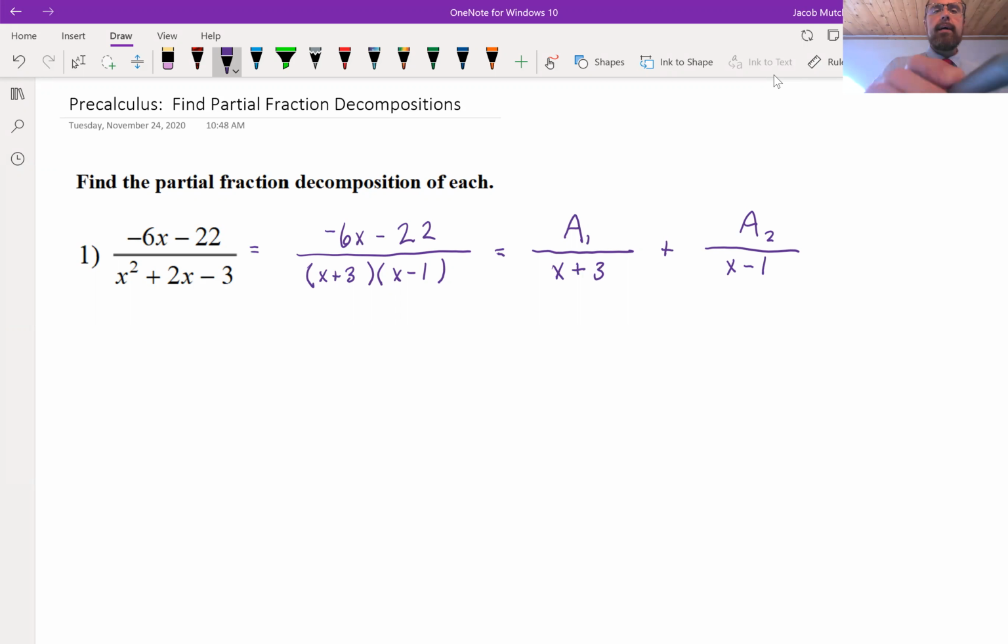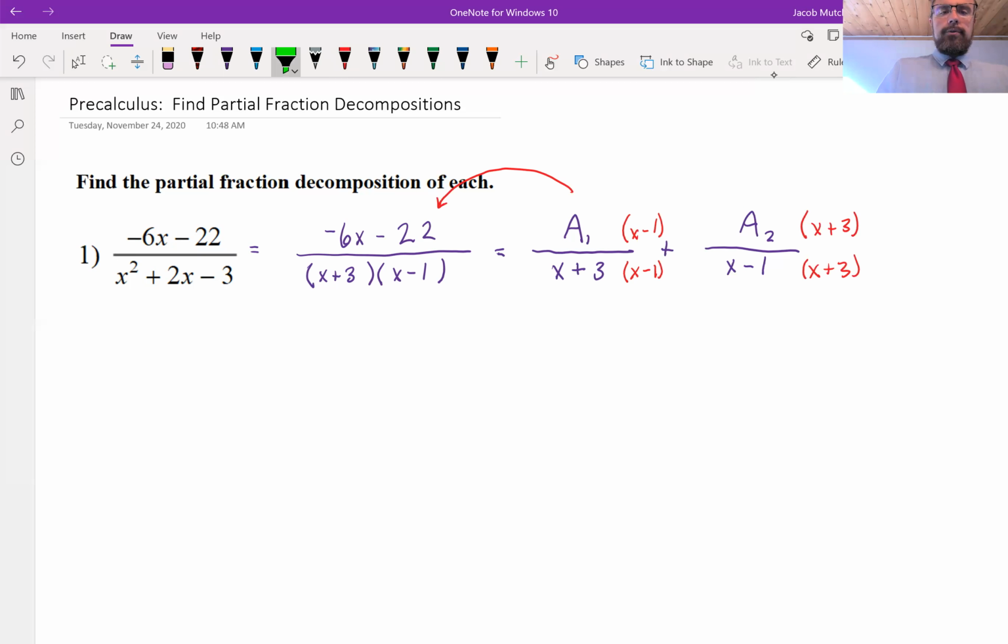And the way that we do that is we imagine that we're going back from this sum of two fractions to the single fraction. To do that, I would need to make the denominators the same. So I would multiply by x minus 1 above and below on this first fraction to get that common denominator. And on the second fraction, I'm missing the x plus 3 factor, so I would include x plus 3 multiplied above and below.